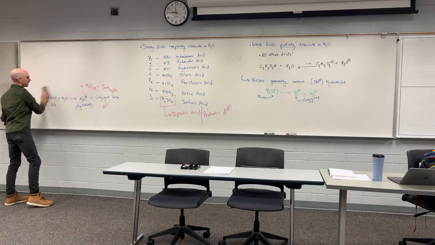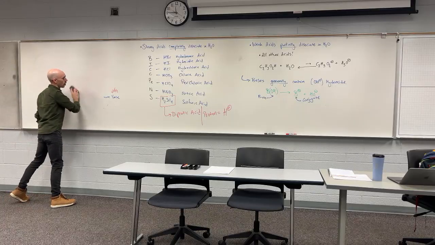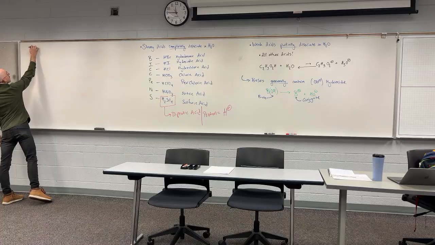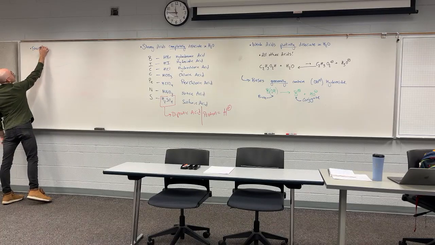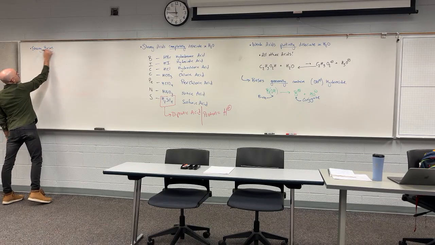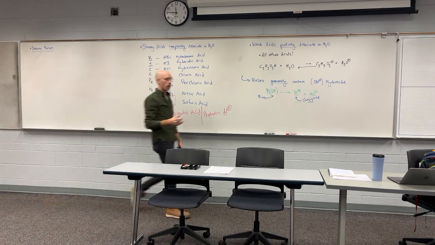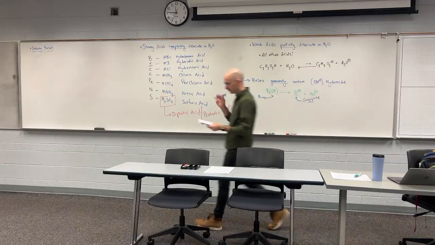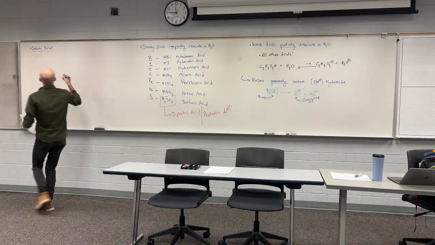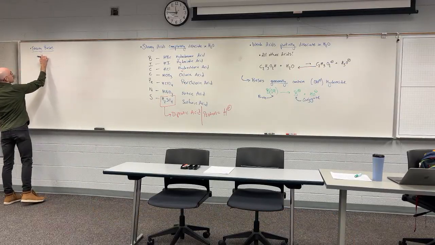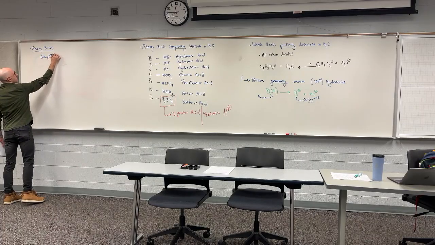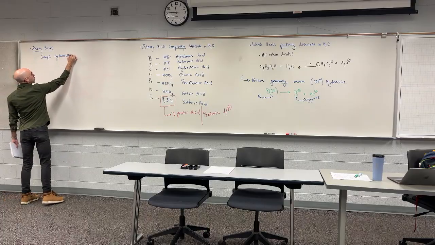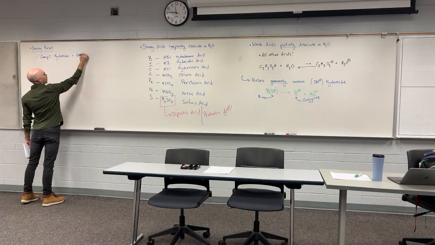All right, and then again, we've got strong bases and weak bases. We have a much easier time remembering all of our strong bases. That's group 1 hydroxides plus group 2 hydroxides.